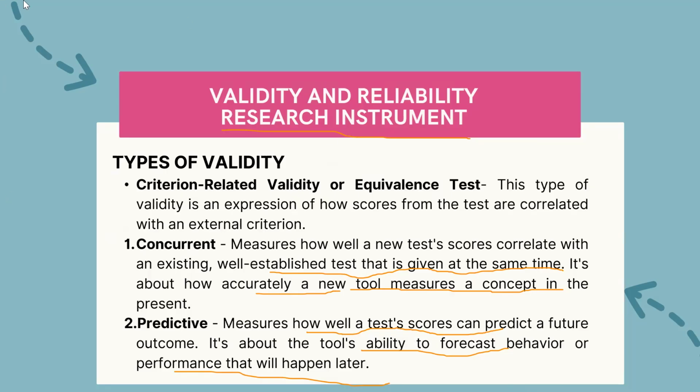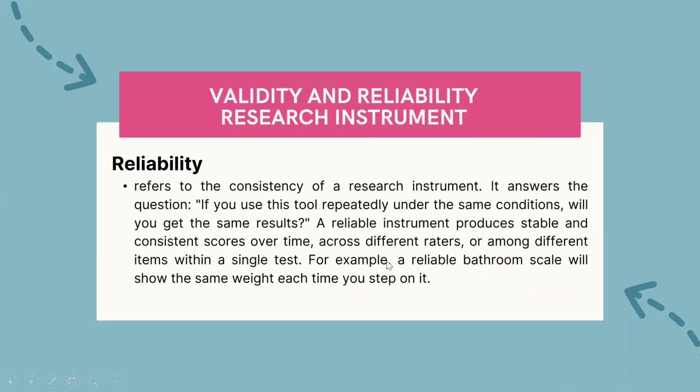And to continue, let's have another key point, which is the reliability of our instrument. Here, this refers to the consistency of the research instrument. It answers the question, if you use this tool repeatedly under the same conditions, will you get the same results?